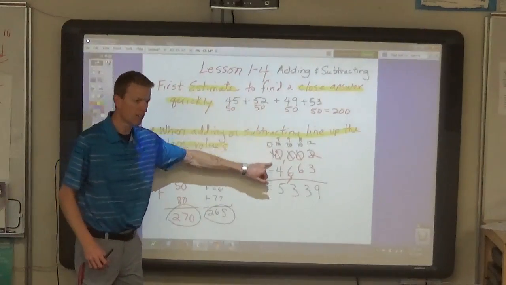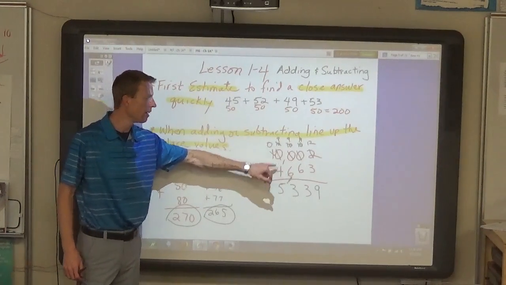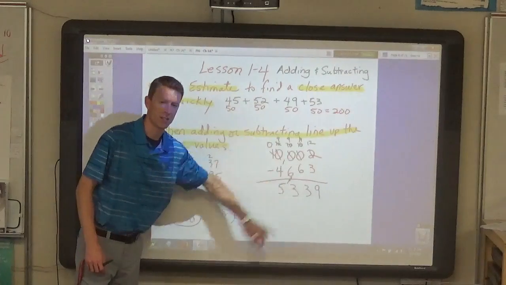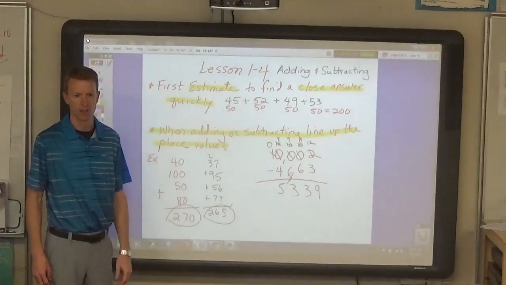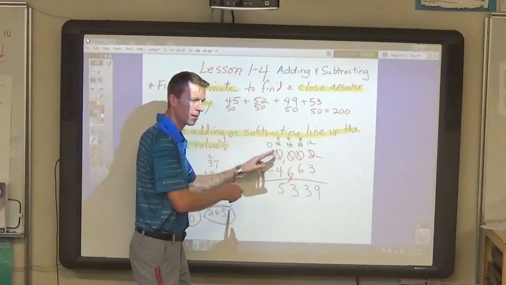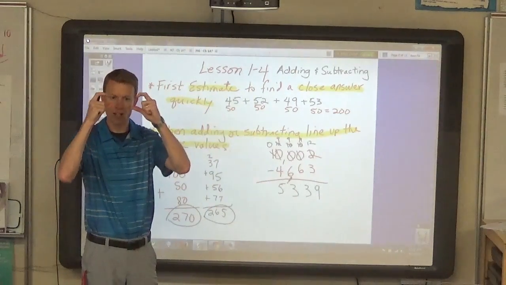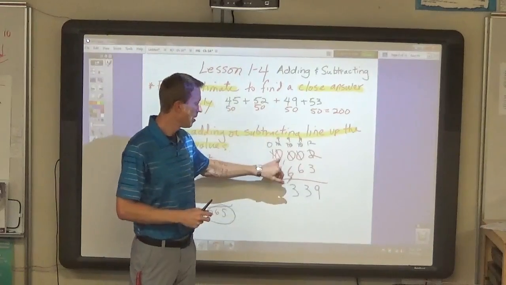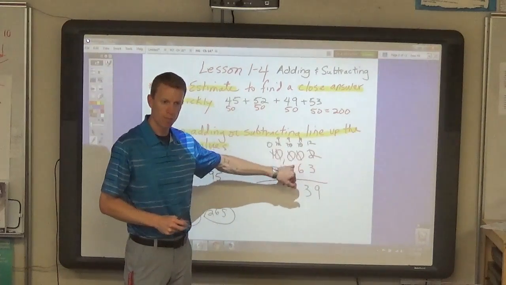We don't have any 10,000s left because we needed it to fill the other places. Okay? It's kind of like having big amounts, and you take one of the big amounts, you break it up, and give it to the previous place.